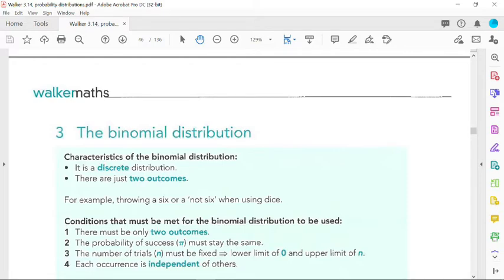So make sure you understand not just how to do it, but also why it's Poisson, why it's binomial. It is a discrete distribution. In other words, the things you're measuring can be counted, so you're using counting numbers. Like, how many fingers do you have?